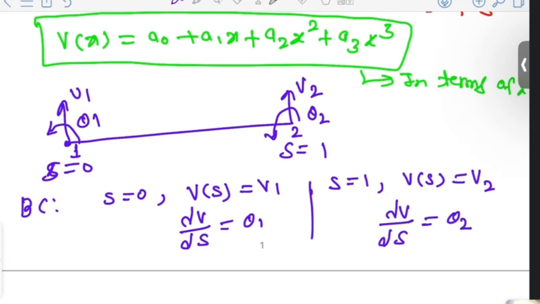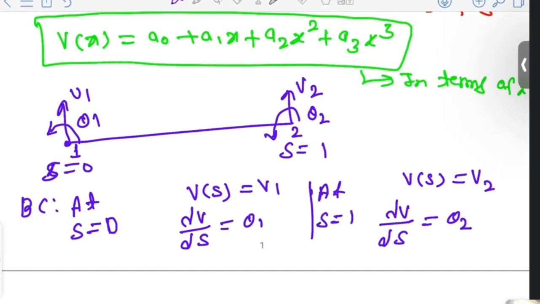These are our 4 boundary conditions. I will write them like this.